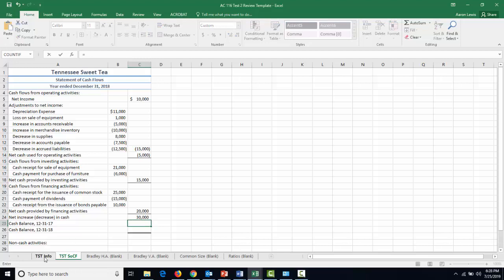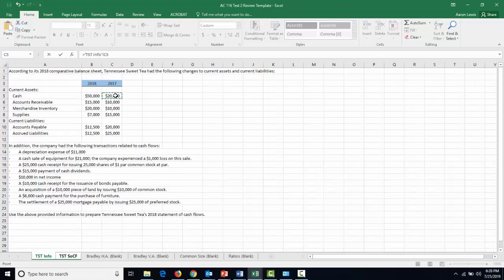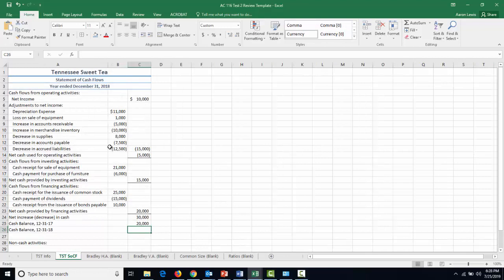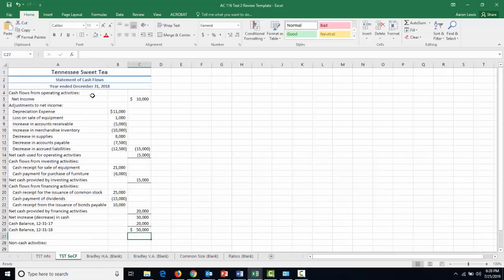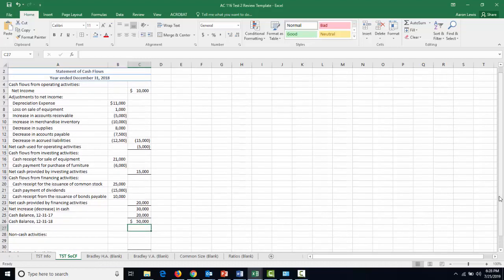Well, we can just go to our info, click that cell of what it was, which was $20,000, and hit enter, and that'll bring us our cash balance there. And for the end of the current year, again, we can just go to our info, click on the amount of cash that we had, and hit enter, $50,000. So we know that our statement of cash flows is good, because our net increase in cash, according to our statement of cash flows, is absolutely the same increase in cash that we had on our comparative balance sheet.